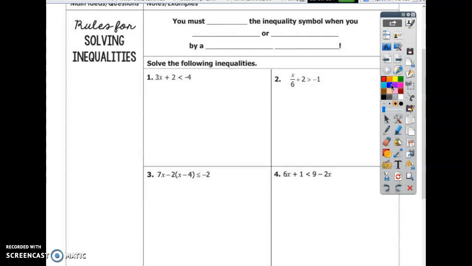I want you to voltear the inequality symbol when you multiply or divide by a negative number.